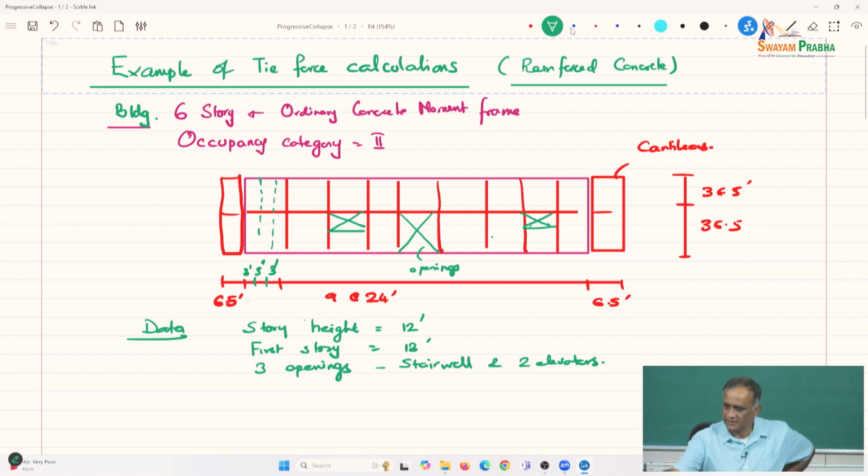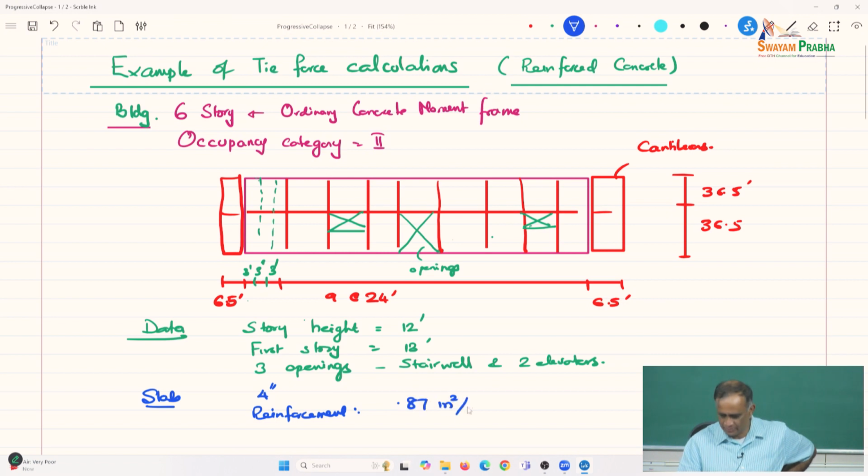Then other information pertaining to the slab is it's a 4-inch thick slab with reinforcement of 0.87 square inch per foot in the longitudinal direction and 0.14 square inch per foot in the lateral or transverse direction.